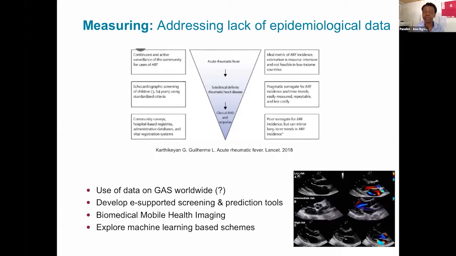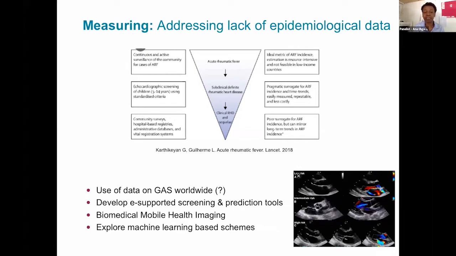And I would suggest people investing in measuring to address the lack of epidemiological data, basically on the role and the burden of group A streptococcal infection related to rheumatic heart disease and rheumatic fever. First, maybe we can discuss aggregation of data.